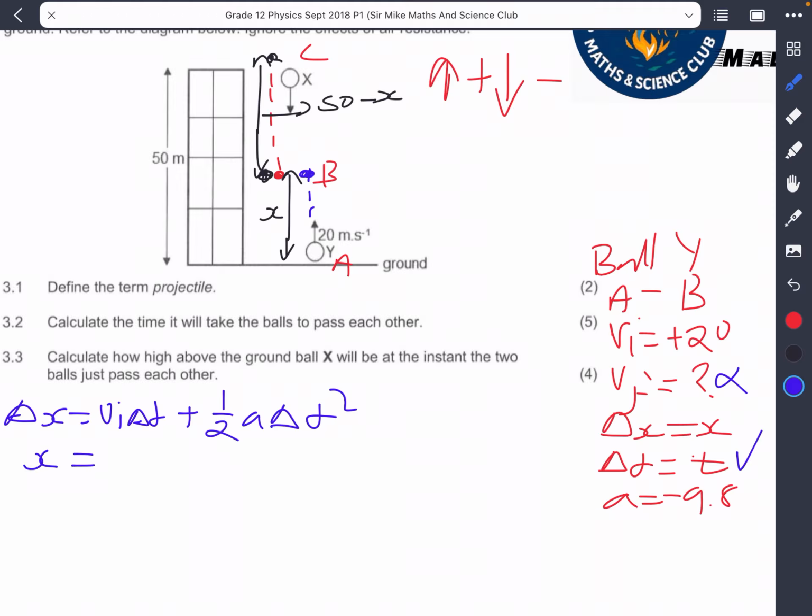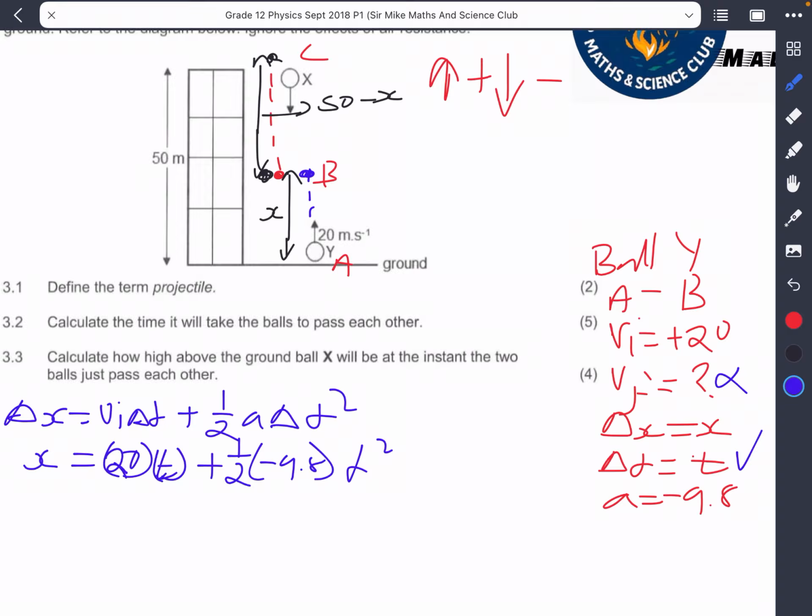Then v initial was 20, and time, which we represented as t, so this would be 20 multiplied by t plus a half, the acceleration we say is negative 9.8, and delta t would be t squared.